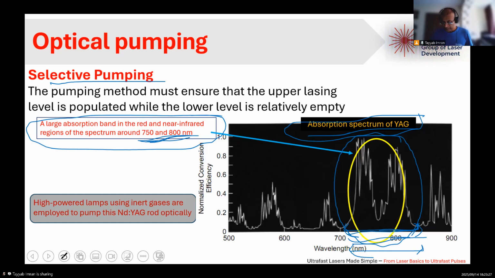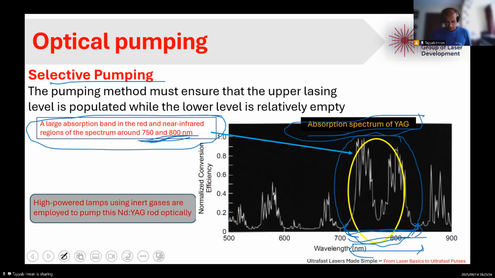We can also use white light, if it also includes this wavelength range which can be seen in the absorption spectrum of the laser medium.